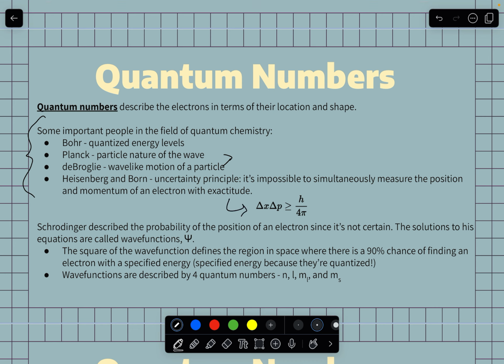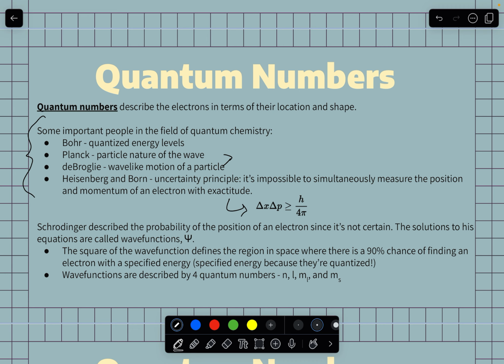It says that the position and the momentum of an electron can't both be calculated exactly. You can calculate one, but if you do one with more precision, the other one is less precise or less accurate. Okay. And then Schrödinger also talked about the probability of position.